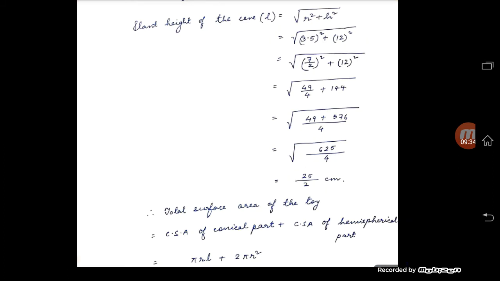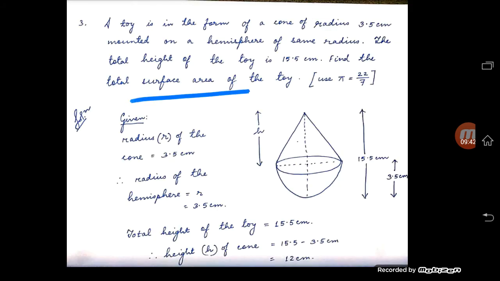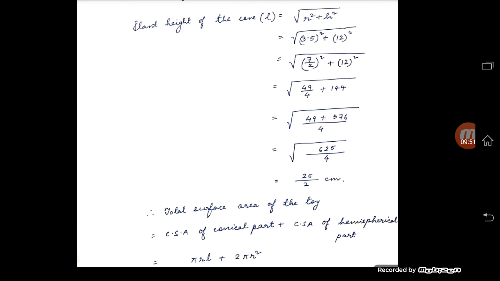In the next step, we find the slant height of the cone. Why? Because we have to find the curved surface area. That means to find the total surface area, we have to find the curved surface area of the cone. So we know the formula of curved surface area, which is pi r l. For that you have to know the formula for l.